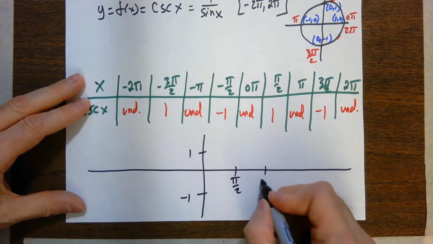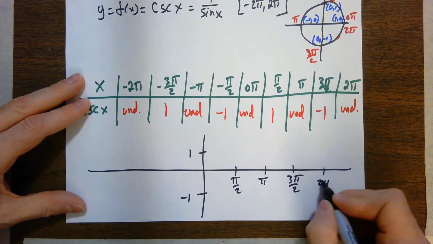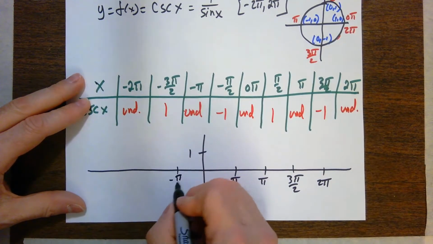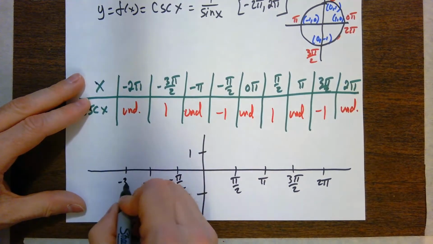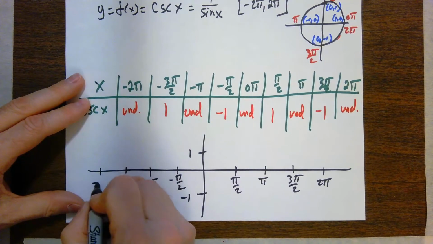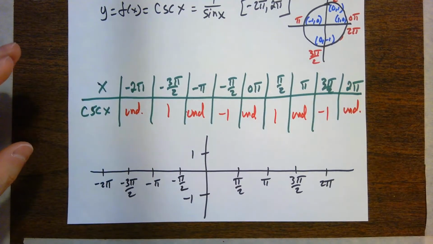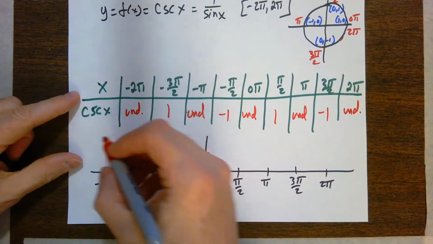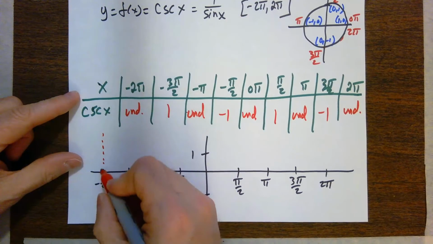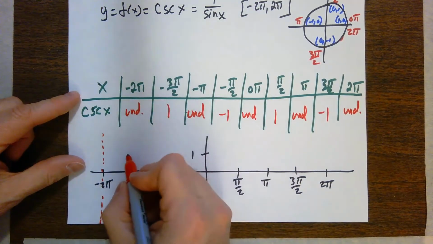Pi over 2, pi, 3 pi over 2, 2 pi, negative pi over 2, negative pi, negative 3 pi over 2, negative 2 pi. All right, so let's see. At negative 2 pi, undefined, asymptote. At negative 3 pi over 2, 1.